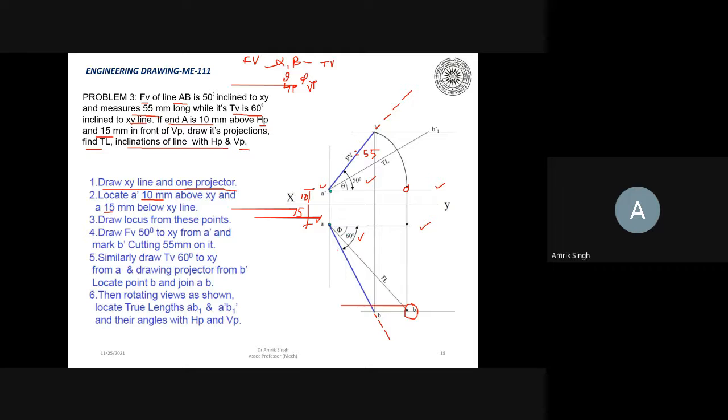Because this 60 degree is known to us. So similarly, draw the top view 60 degree, this 60 degree to the xy from A, projector, and draw the projector from B dash, okay? Locate the point B and join AB. So this point AB, this you join.